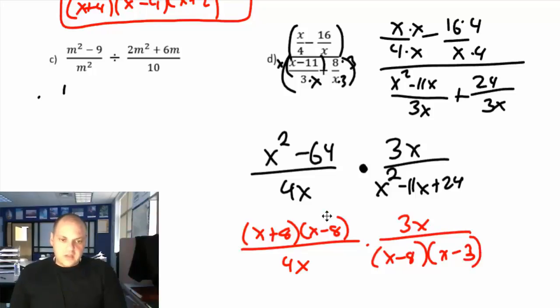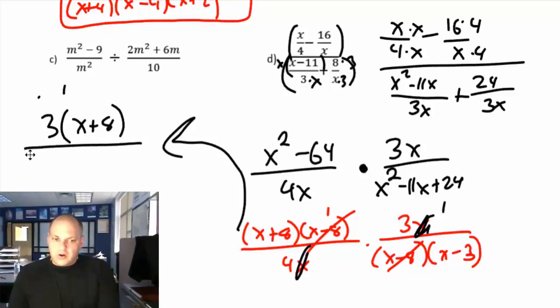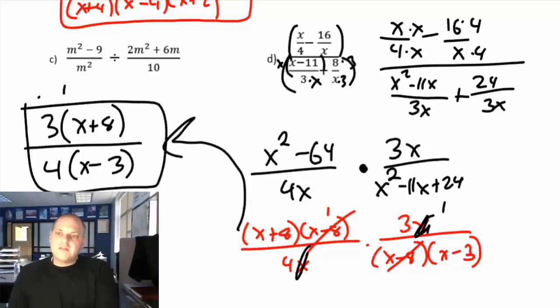That's 1, and the x's reduced to 1 as well. So I am left with 3 times x plus 8 over 4 times x minus 3. That would be it.